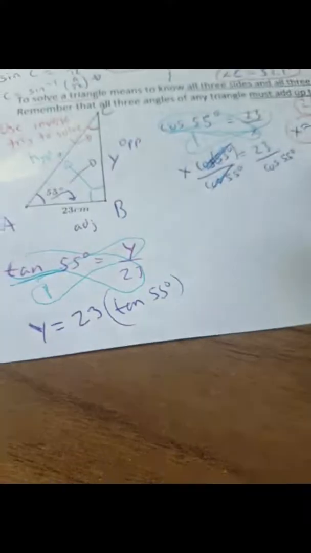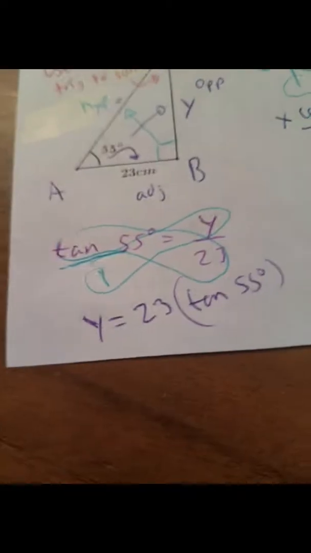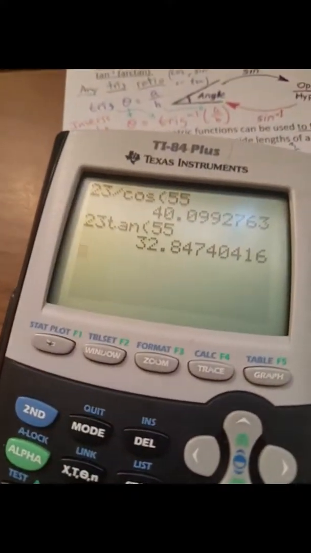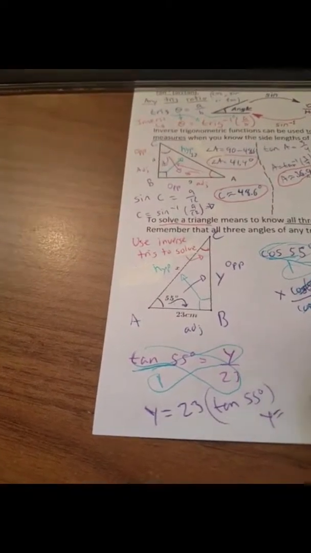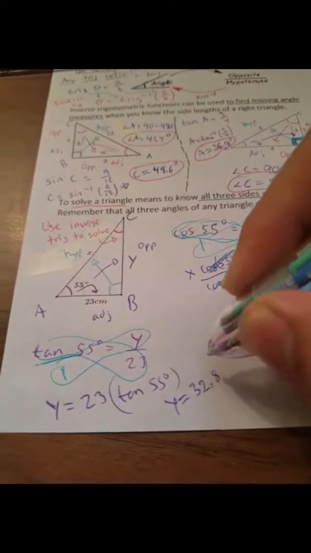You want to make that separate because you don't want to put the 23 over here; you'll get confused. So 23 times tangent 55 gives 32.8. That's the other side, so y is about 32.8.